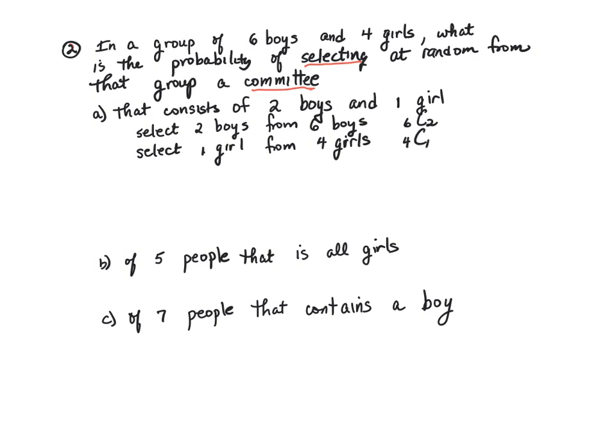And since we want to select both of them, we use the counting principle. And we multiply them because we want to select 2 boys and 1 girl. So we multiply, and the answer is 6C2 times 4C1.